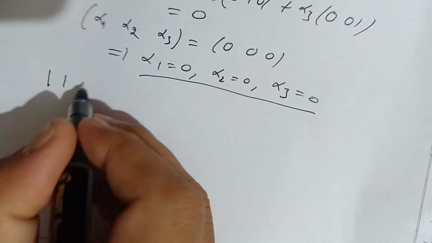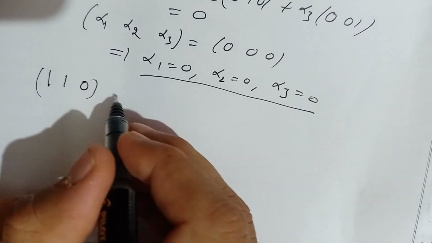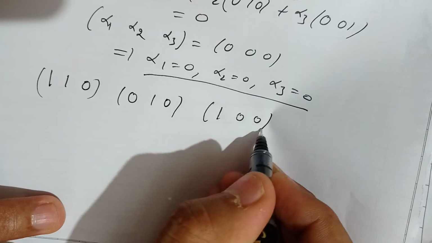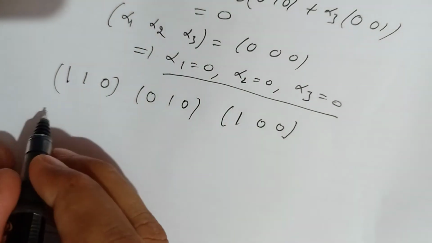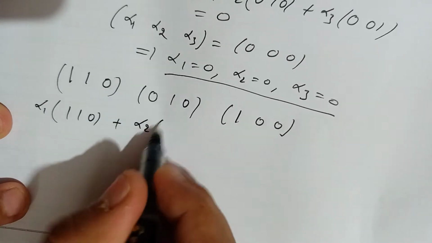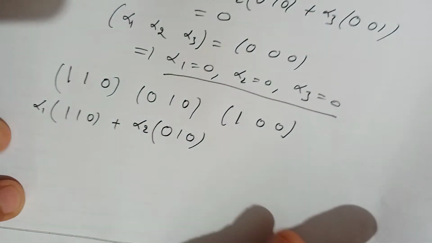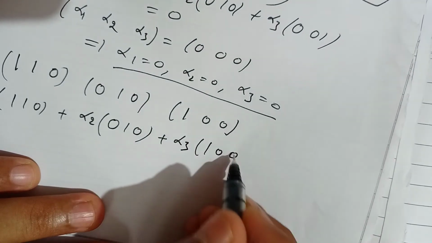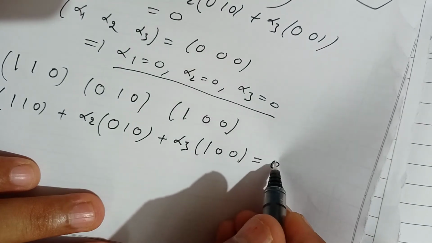Let us take (1,1,0), (0,1,0) and (1,0,0). So alpha 1 (1,1,0) plus alpha 2 (0,1,0) plus alpha 3 (1,0,0) equal to 0. Fine.